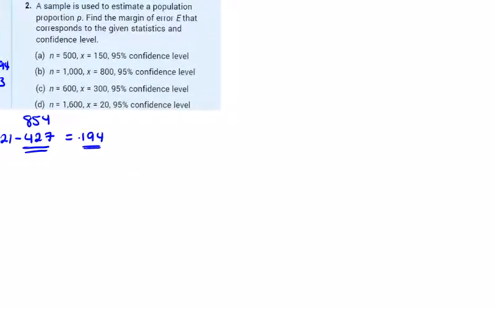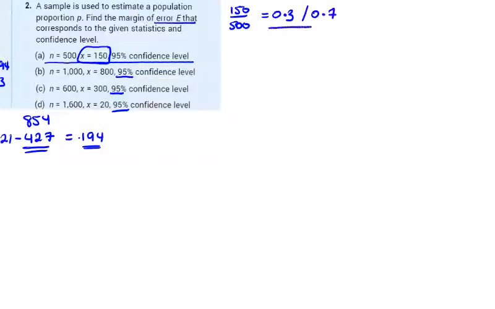A sample is used to estimate a population proportion. Find the margin of error, in this case, E, that corresponds to the given statistics. N is 500, X is 150, and a 95% confidence level. Okay. So what they're saying here, this X is like success. So 150 out of 500 is my success. 15 over 50, which is 3 over 10. 0.3, and therefore 0.7 is failure in this case.